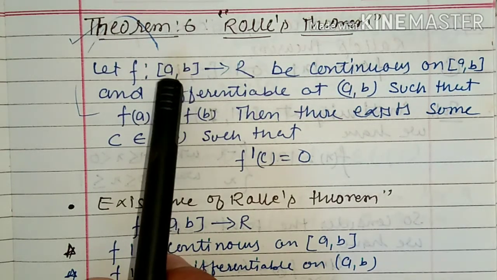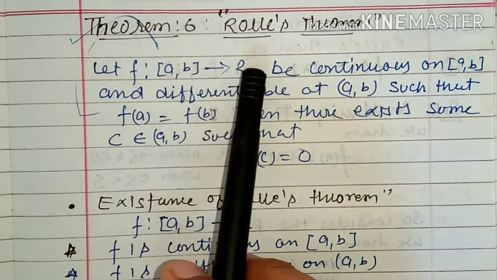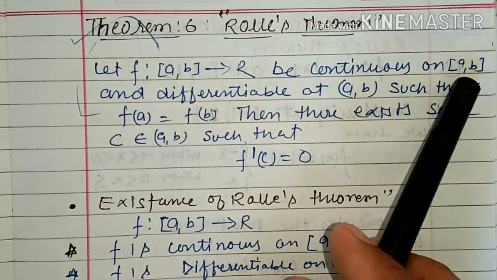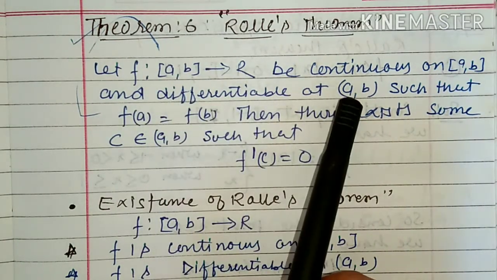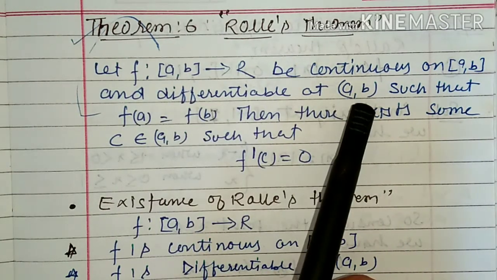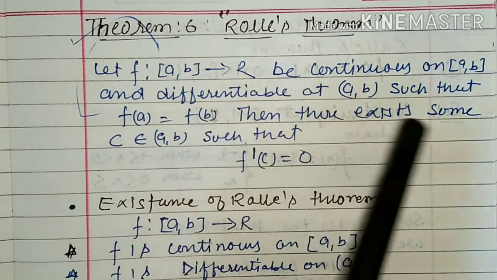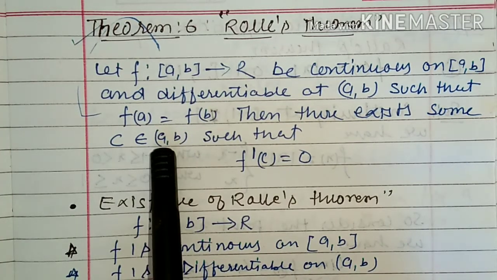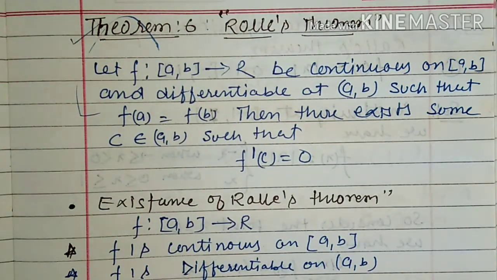For the closed interval a comma b as domain and the real numbers as range, let f be continuous on a comma b and differentiable on the open interval a comma b, such that f(a) is equal to f(b). Then there exists some c in the open interval a comma b such that f dash c is equal to 0. This is the definition of Rolle's theorem.